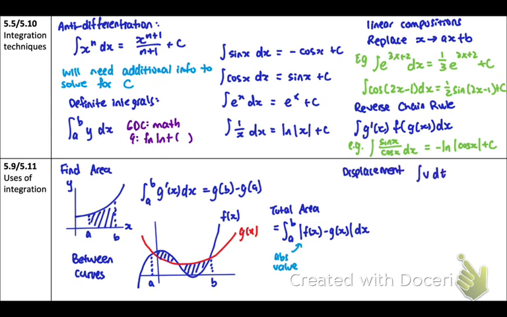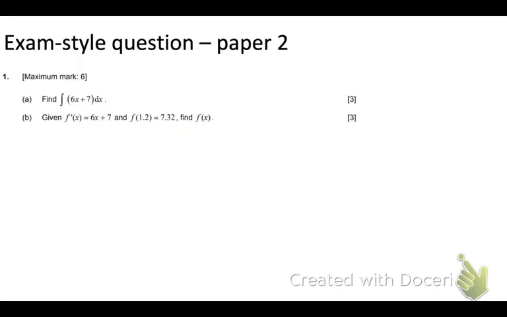Okay, and then with regards to kinematics, recall that displacement is looking for the integral of velocity, whereas distance is asking for the integral of the absolute value of velocity. Again, set a timer for 15 minutes.